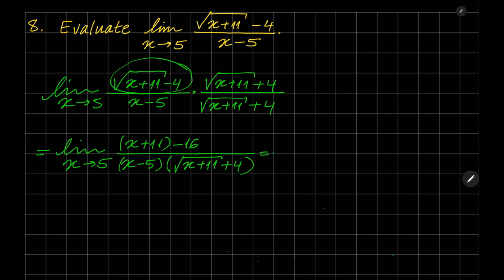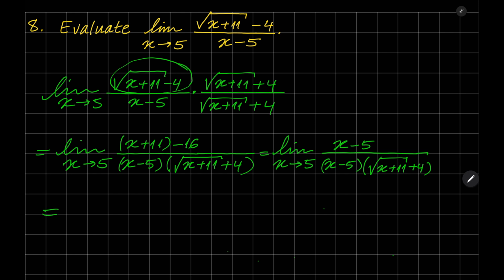And this is equal to limit as x approaches to 5, x minus 5 over x minus 5 times root x plus 11 plus 4.